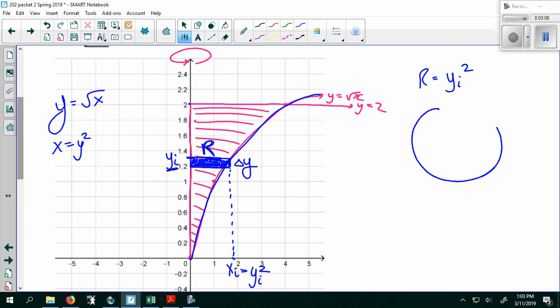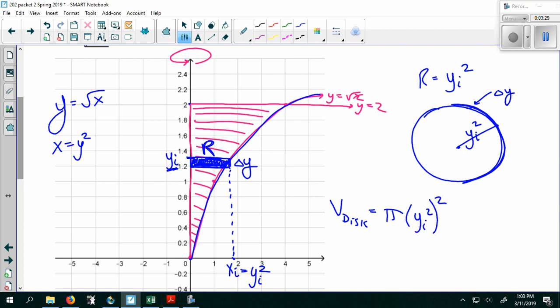Maybe I'll draw a picture of the disk. This is y sub i squared, the radius, and then the thickness of my disk is delta y. So the volume of the disk is pi times the radius, y sub i squared, times the thickness of the disk, delta y.